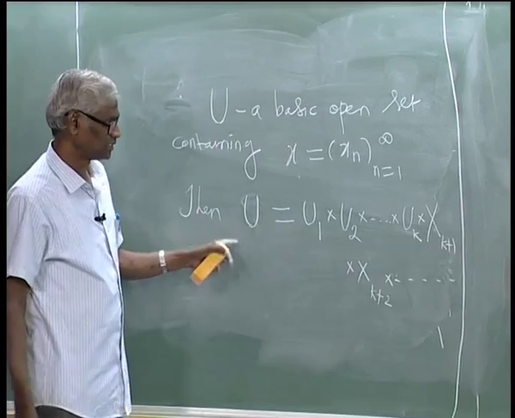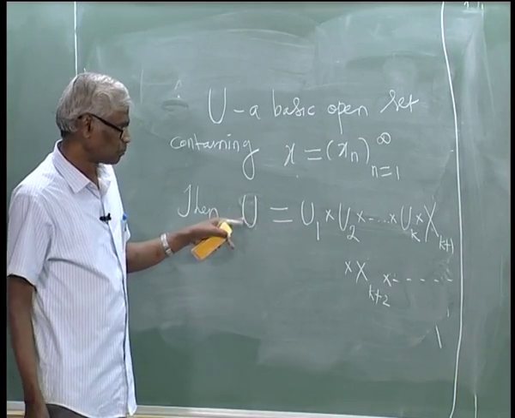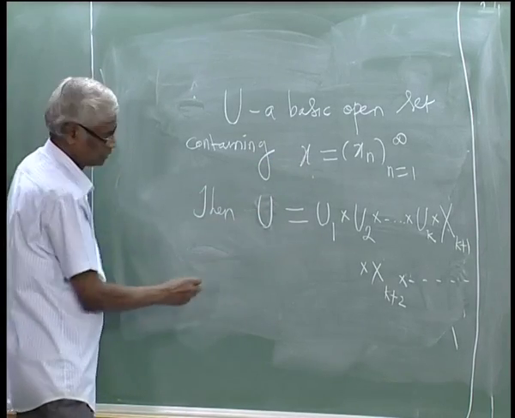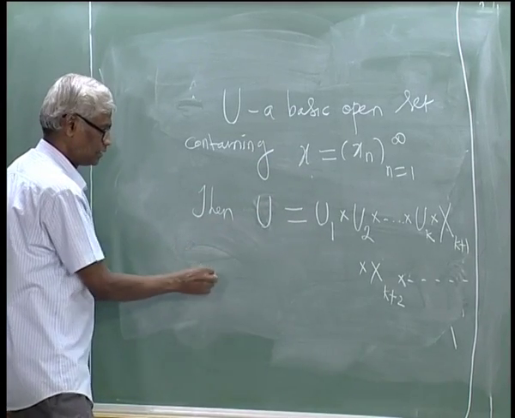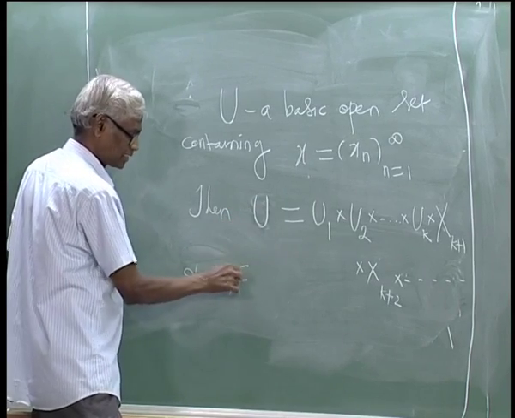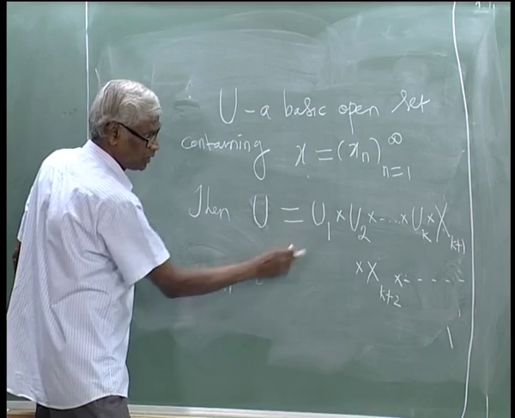Now, this is an open set containing the given point x. So, U is open, and x belongs to it, which means xn belongs to Un.